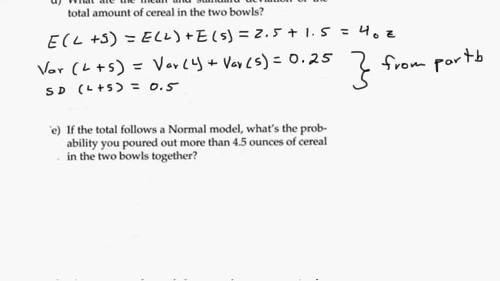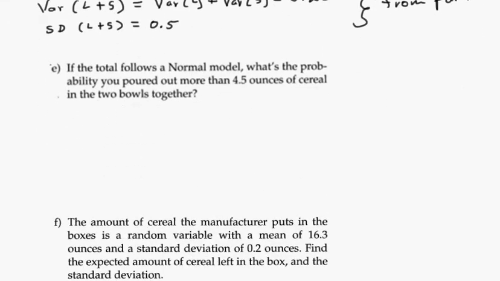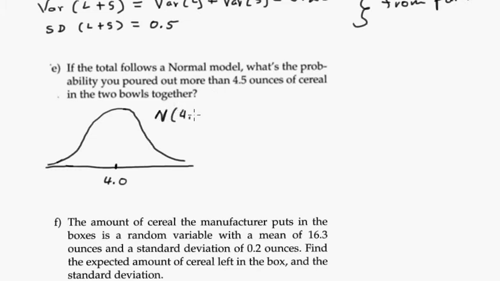Okay, now two more problems. If the total follows a normal model, so once again we have a normal model. So let's draw it the best we can. No apologies needed. So now our expected value is 4.0, and our standard deviation is still the same.